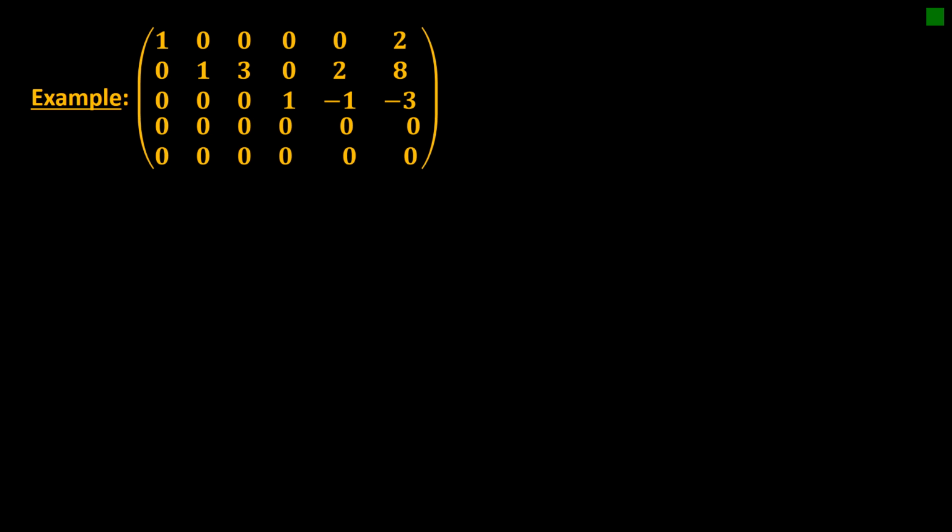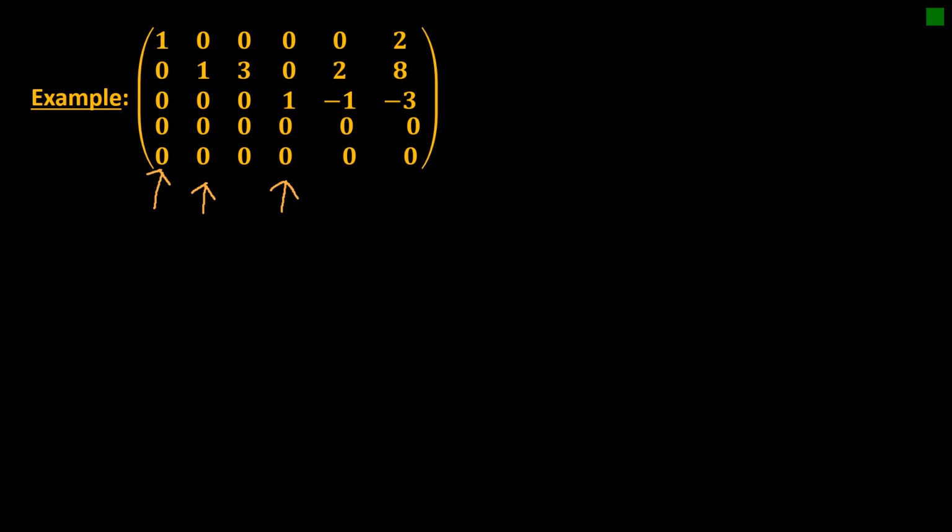And so let's take an example here where we have a pivot in the first column. We have a pivot in the second column, and we have a pivot in the fourth column, right? You should be able to see that we do not have a pivot in the third column or the fifth column or the sixth column.